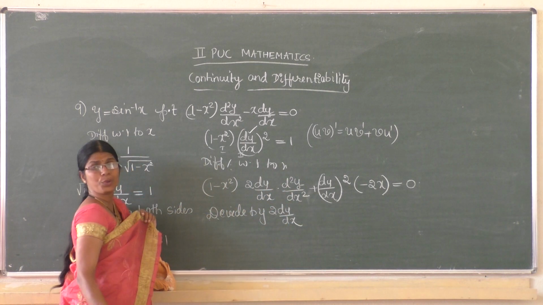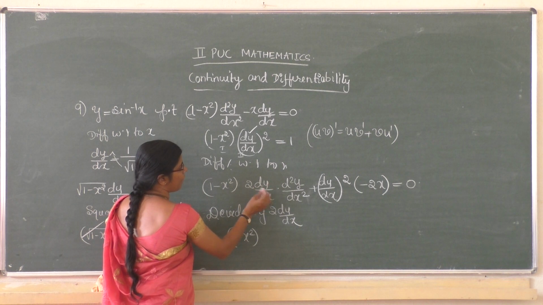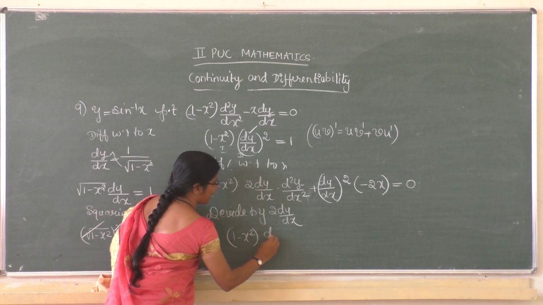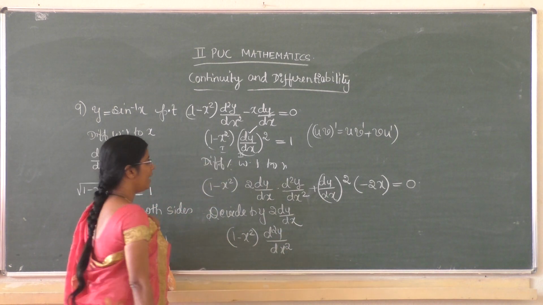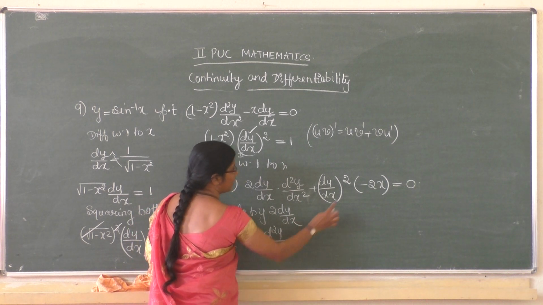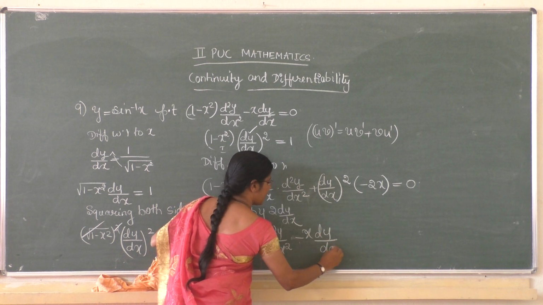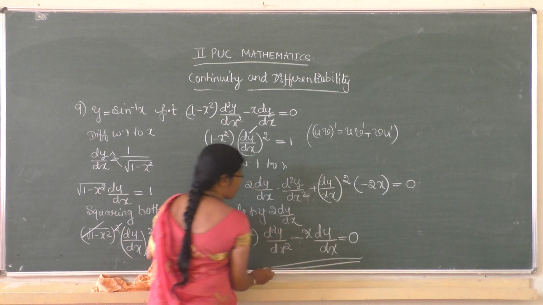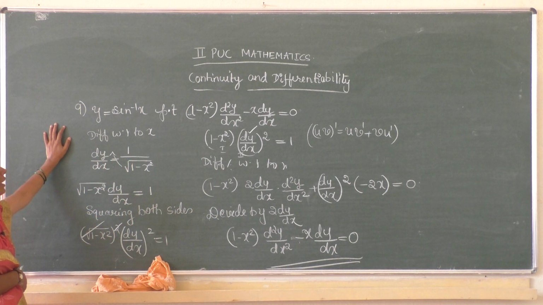So what do you get? 1 minus x square into, here 2 dy by dx cancels, so we are getting d square y by dx square, minus, here 2 dy by dx cancels, so x dy by dx is equal to 0. So this is one more method of solving this particular problem. So divide by 2 dy by dx.